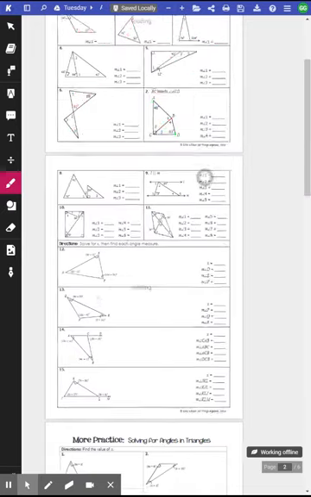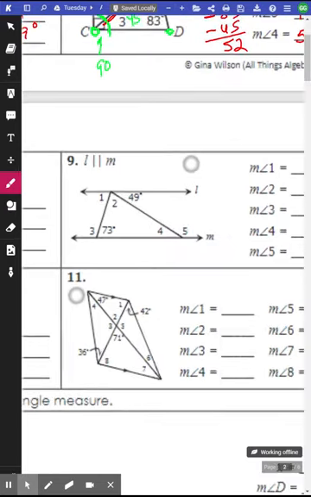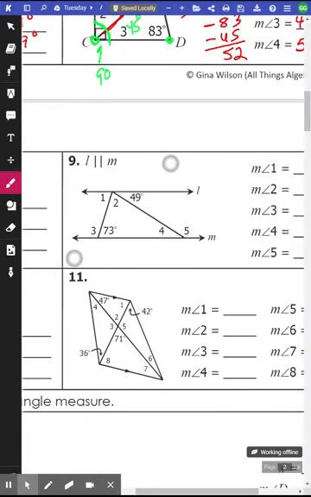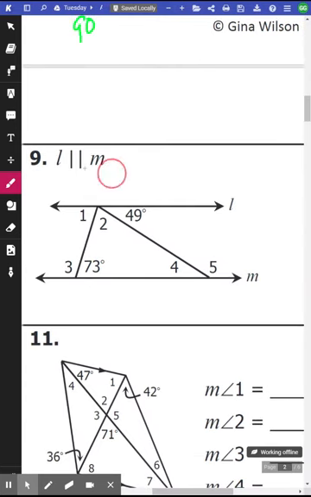All right, so let's go to something like number 9. Very important to pay attention to what it tells you. L and M are parallel, so we start thinking about angles.